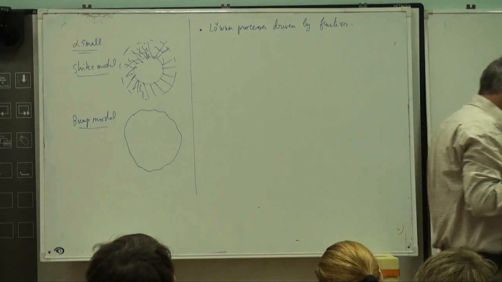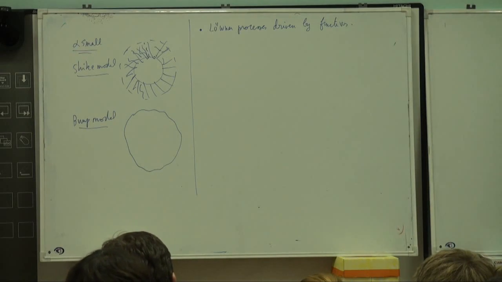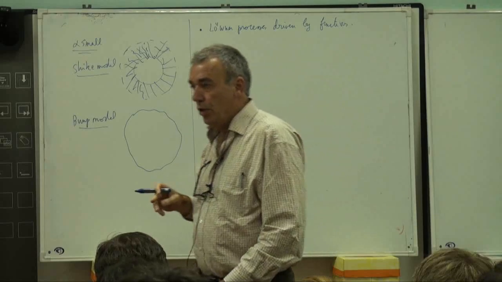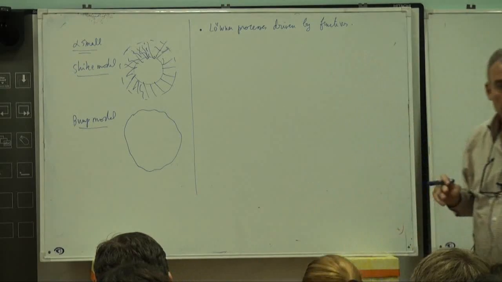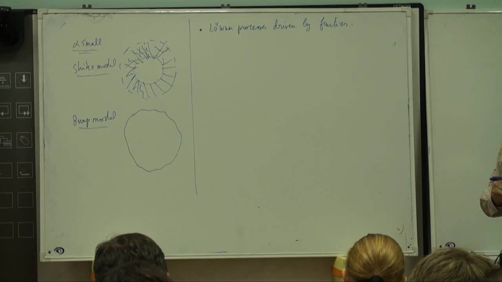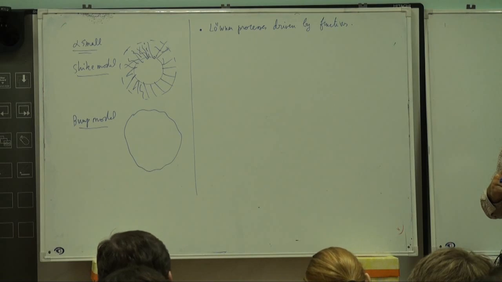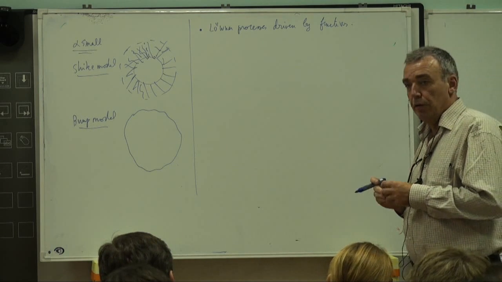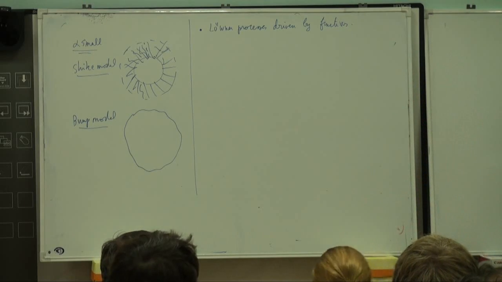Okay, so again, we have seen yesterday that Loewner processes are equivalent to giving a measurable family of probability measures on the circle.